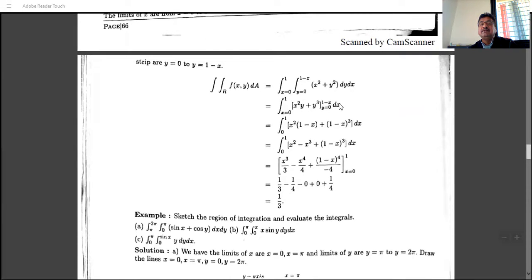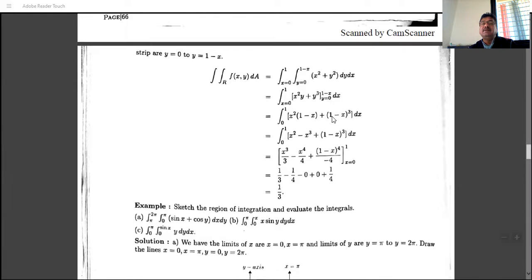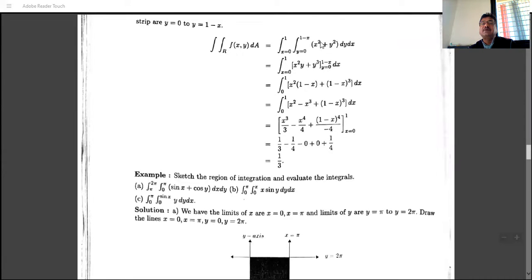Then solve this integration very simply. Simple calculation with respect to y. So x square is constant, the integration of x square is x square into y, and the integration of y square is y cube by 3. Then take the value at the upper limit minus the value at the lower limit.